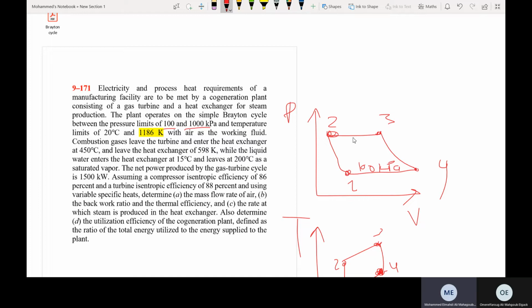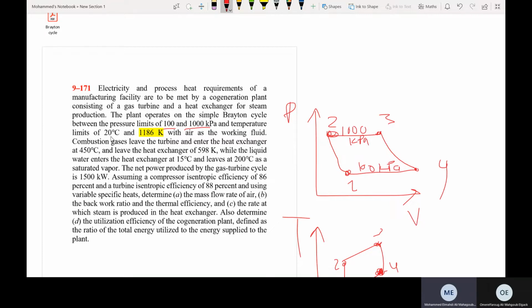Always memorize the PV diagram of the cycle, because you don't have equation sheets, or the equation sheets will be provided by the professor. So you have to memorize the cycle's layout. So these are point 1 and point 4, same pressure, and point 2 and point 3, same pressure.